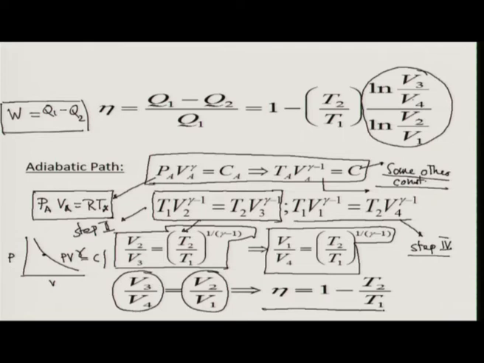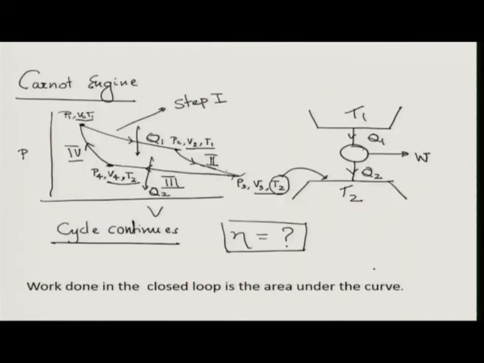This is a fantastic result. You see, the efficiency of a Carnot engine is only given by T2 and T1. What is T2 and T1? I recall, T2 is the temperature of the cold reservoir, T1 is the temperature of the hot reservoir. It depends on nothing else.